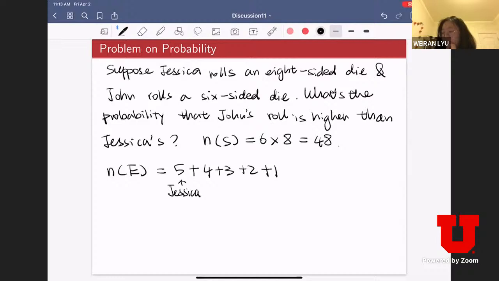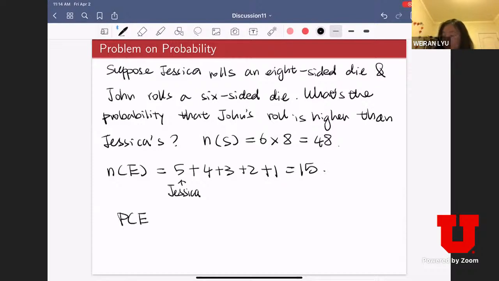Yep. So the 5 right here means John has 5 choices to roll when Jessica rolls a 1, and then this one means when Jessica rolls a 2, John can have 4 possibilities, and then 3 plus 2 plus 1. And this will give you a total of 15.